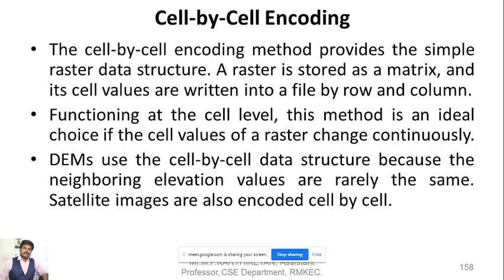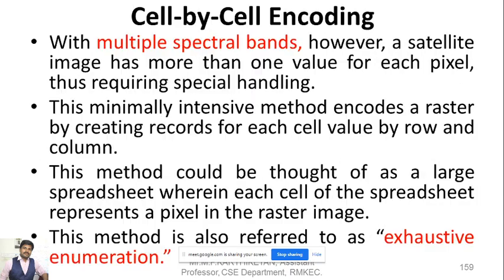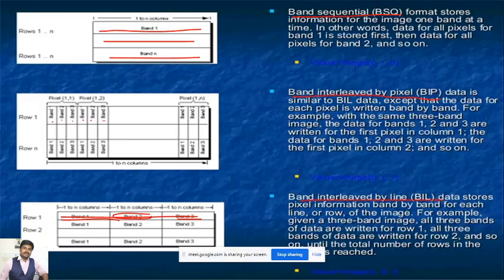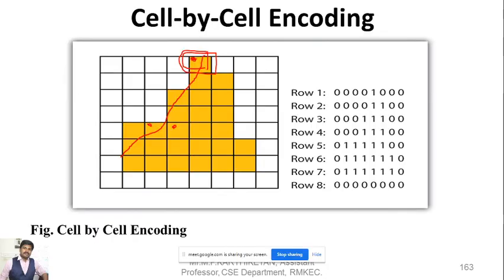Cell by cell encoding means each and every cell is individually encoded. Let's assume this is the best example: one landscape area given in grid format, cell by cell.